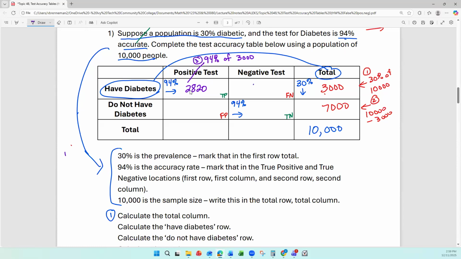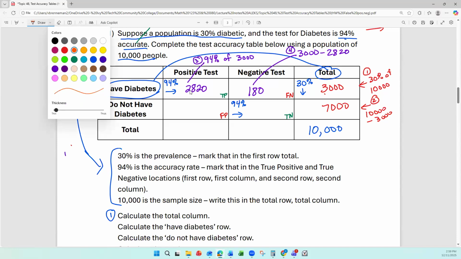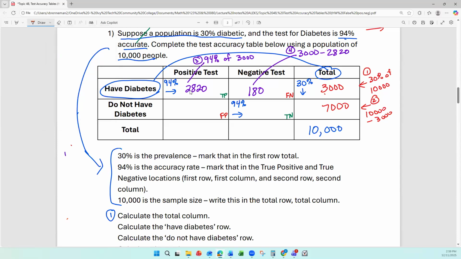And then I use that to find the rest of the 3,000, the ones that have diabetes and get a negative test. So that's 180. All right, then for the do not have diabetes, the accurate tests are over here in the negative test column, and that's going to be 94% of 7,000.